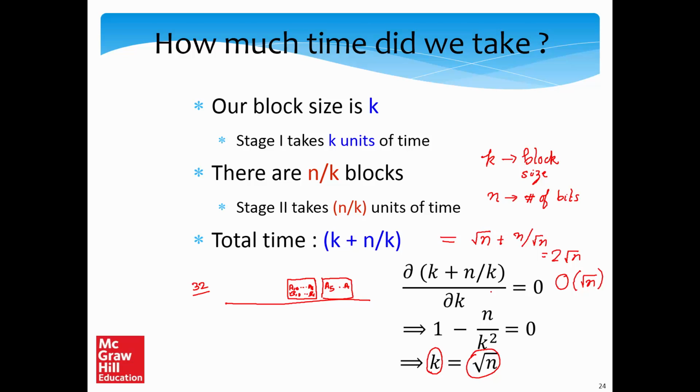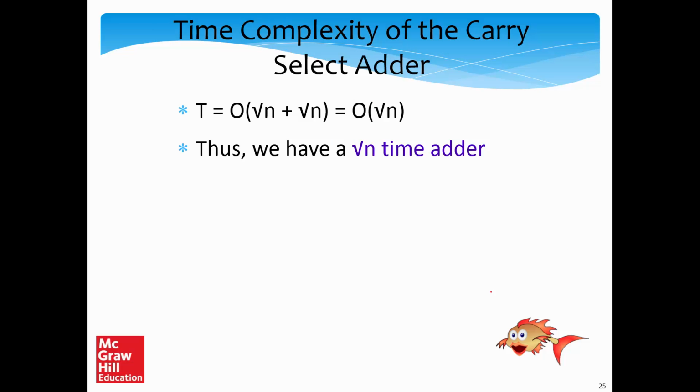So pretty much what we have achieved in our carry select adder is an adder that takes order of square root of n time, and which is fast. We thus have a root n time adder.